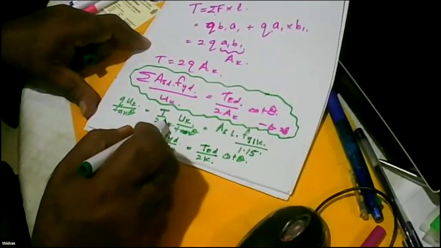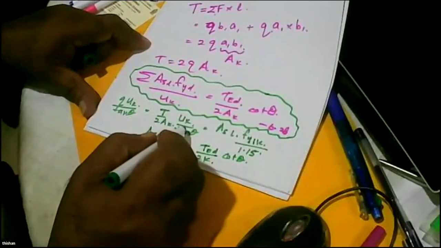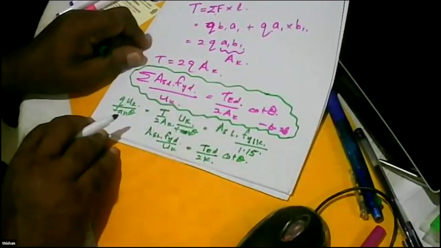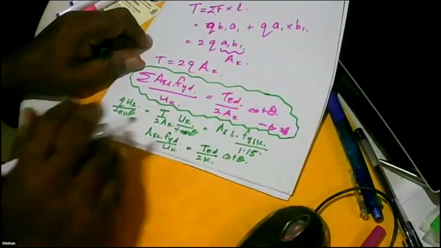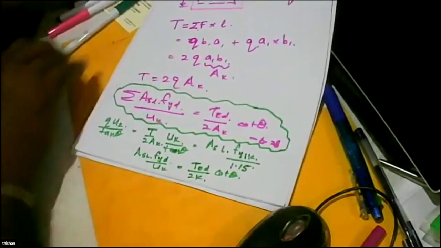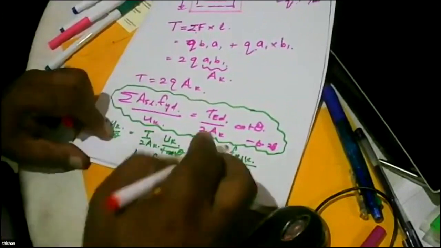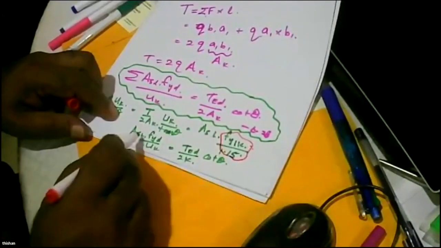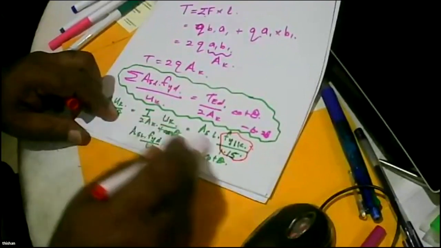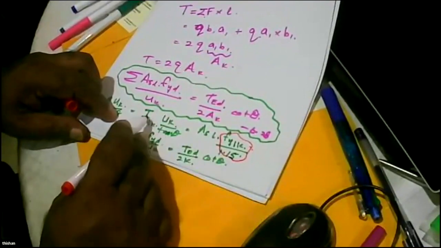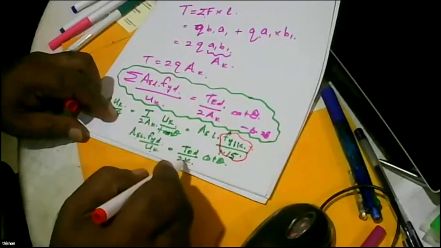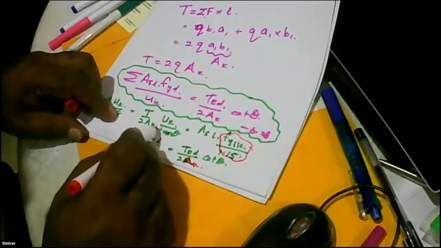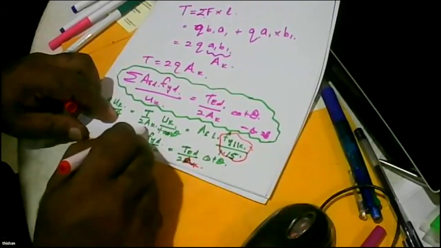You can substitute there: uk over tan theta is the force that has to be resisted by the horizontal reinforcement. So this part is fyd. So Asl fyd, and here uk can be brought here, is equal to Ted over 2Ak, and 1 over tan theta means cot theta. So this is the equation given in the code.